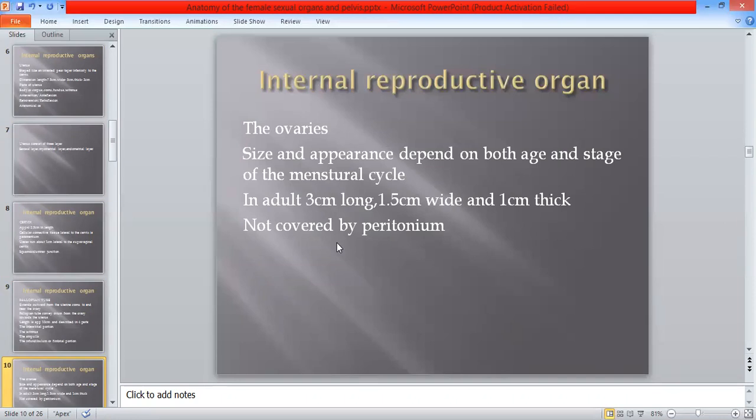The detailed anatomy and structure of the ovary, you read and study in detail in histology: how the follicle is formed, how the follicle is ruptured, how the Graafian follicle is formed, and how the corpus luteum is formed. You have studied all these things in detail in embryology and also in anatomy.